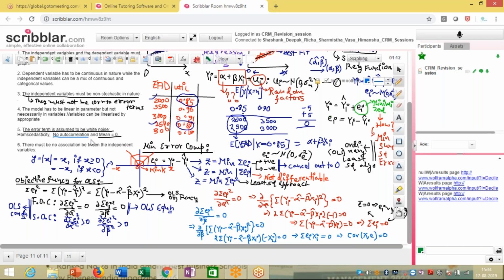Why so? Let's say instead of alpha hat, I have in my model alpha hat squared. So then how would these equations look?